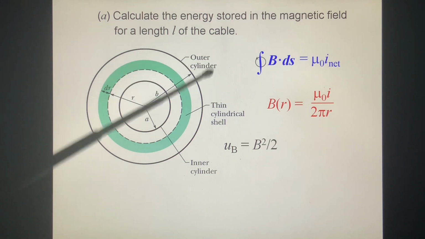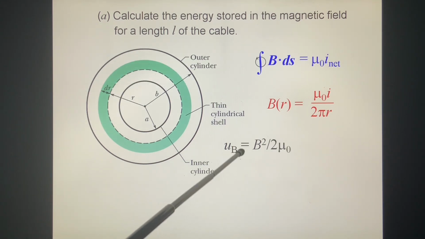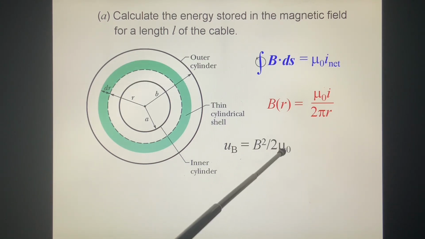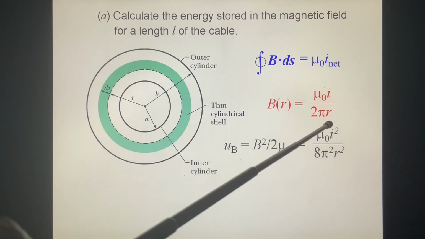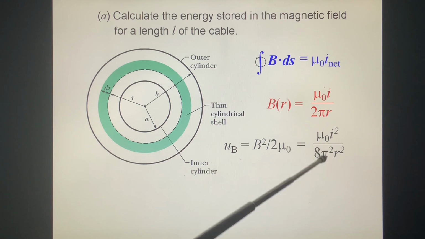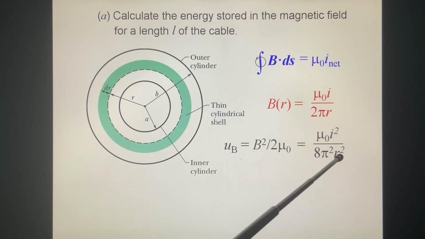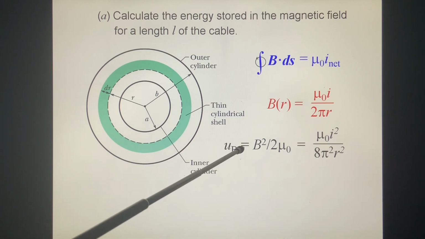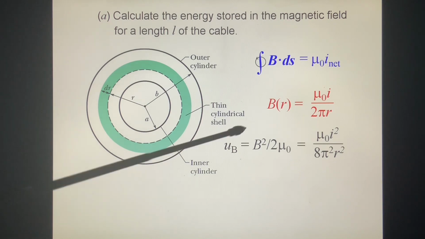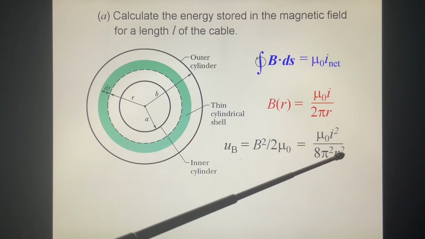Then U_B equals B squared over 2 mu 0. We put this one inside, and we get mu 0 I squared over 8 pi squared r squared. It depends on the location r. Different r, you have different energy density. U_B is a function of r.